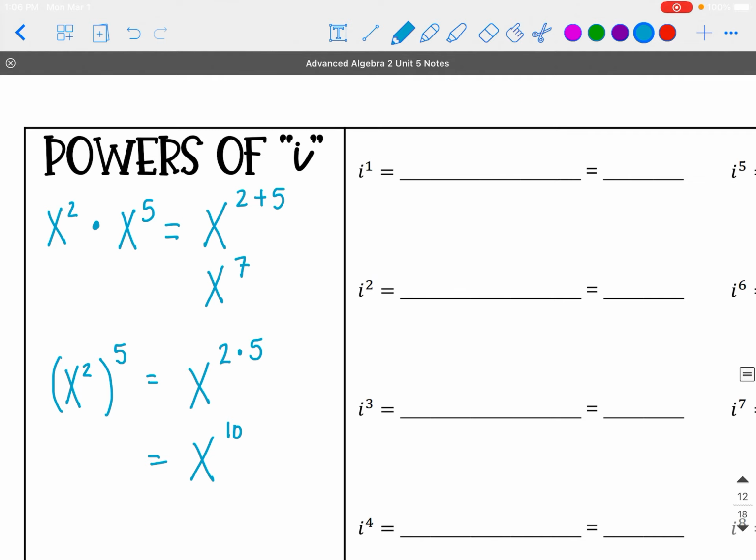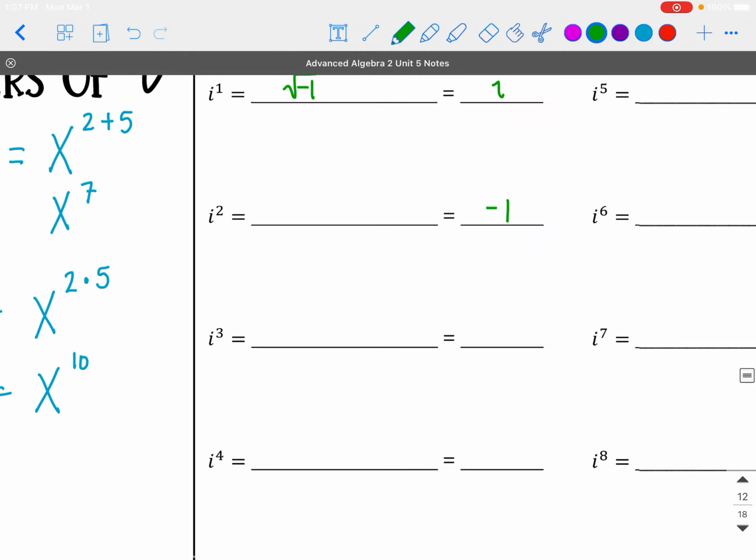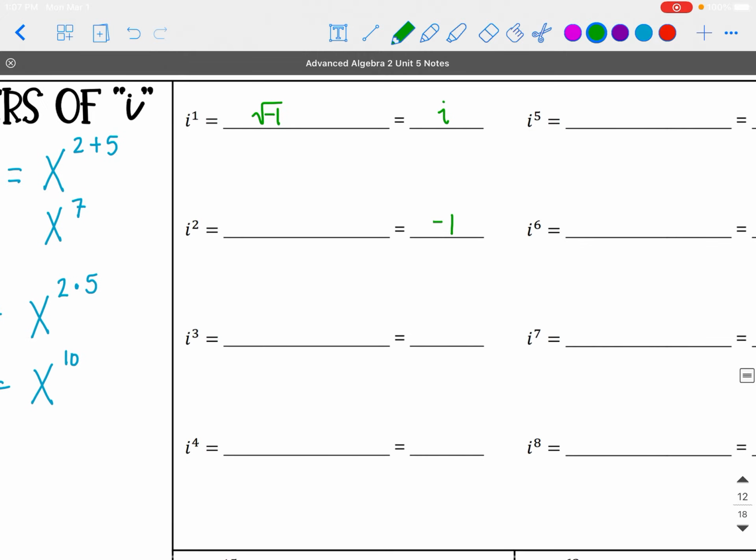So for example, we know that i is the square root of negative 1. That's all that i is. i squared, I told you that was negative 1. Those are the two that you have to have memorized. Now from here, we are going to use exponent rules to simplify.